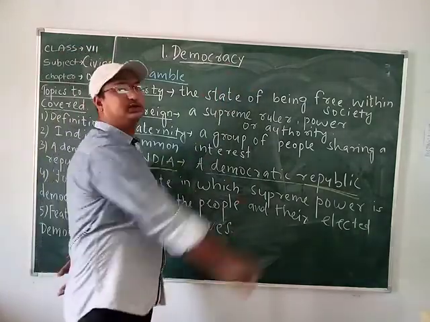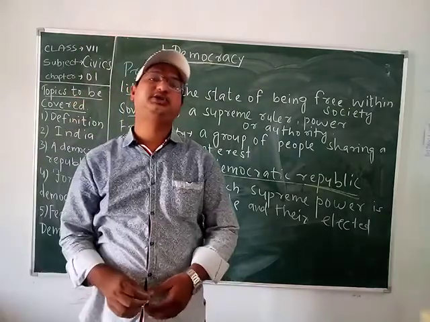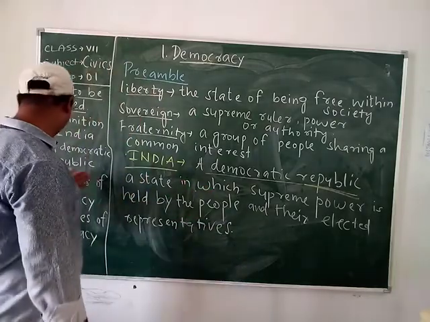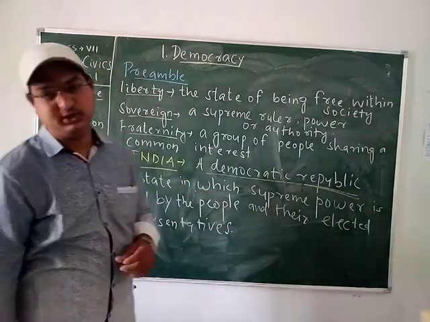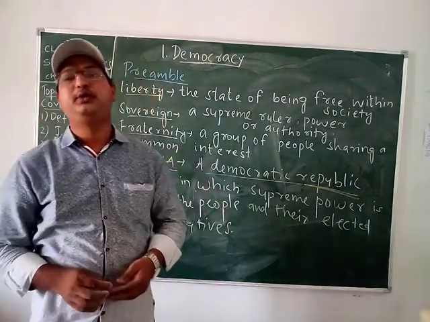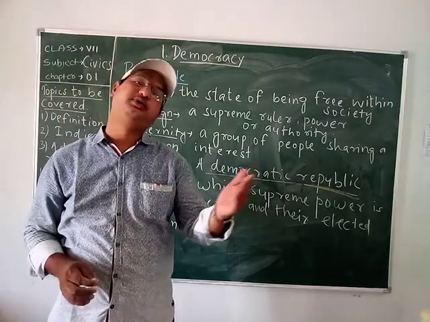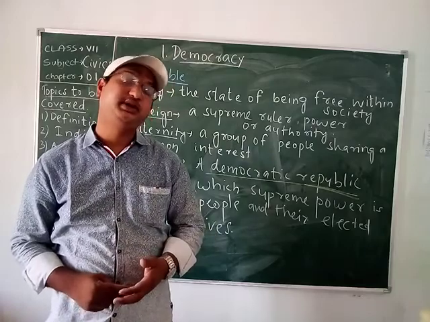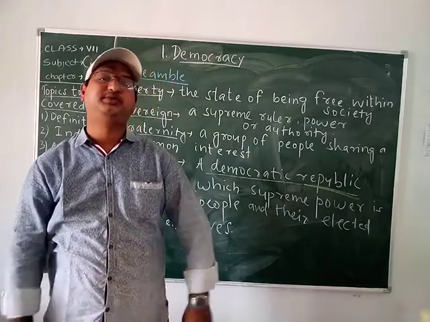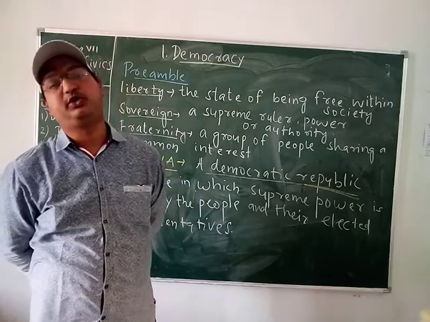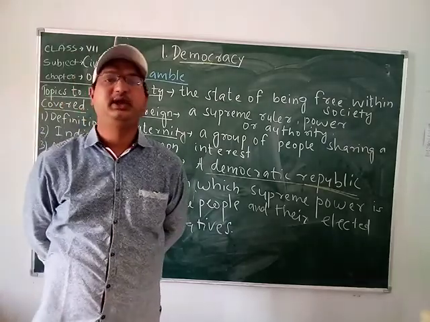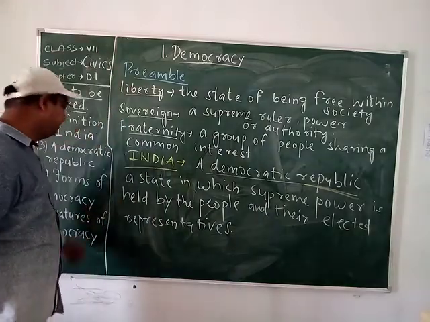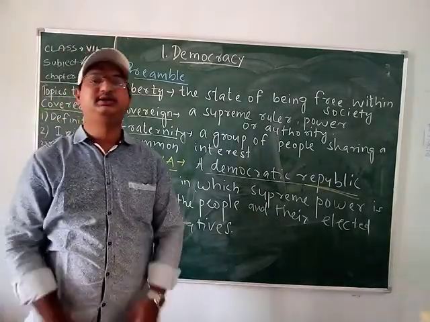Then our next topic is the forms of democracy. Before going to the forms of democracy, as I have explained, what is democracy, what are the elements of democracy, and what type of government does it survive. Then we can study the forms of democracy, then the features of democracy in the next few minutes.